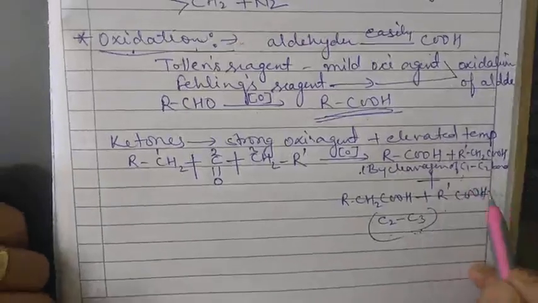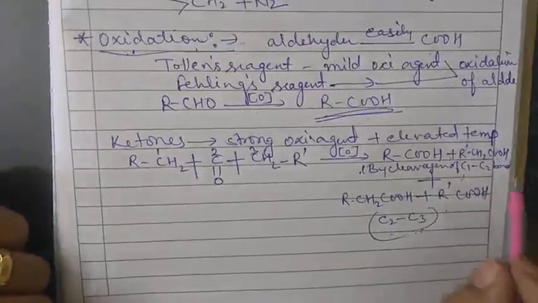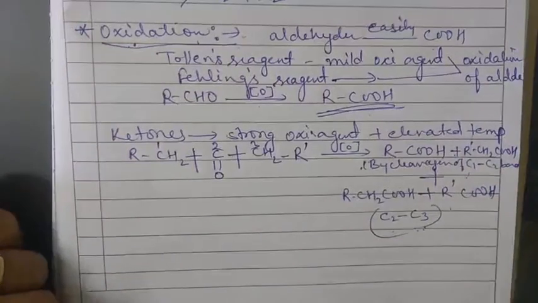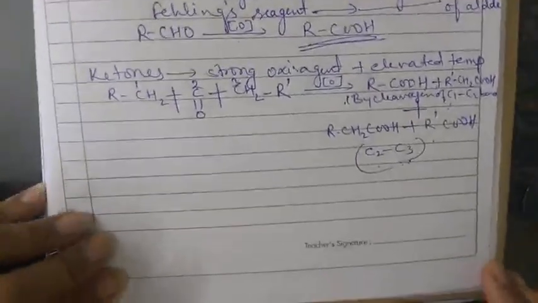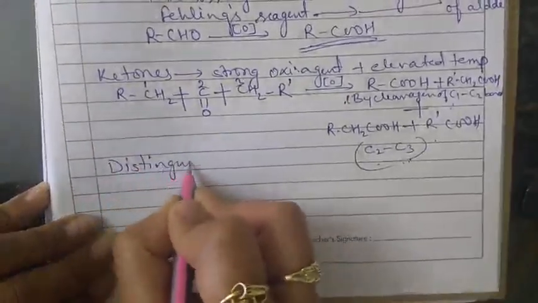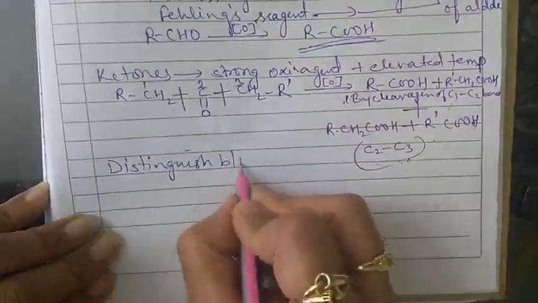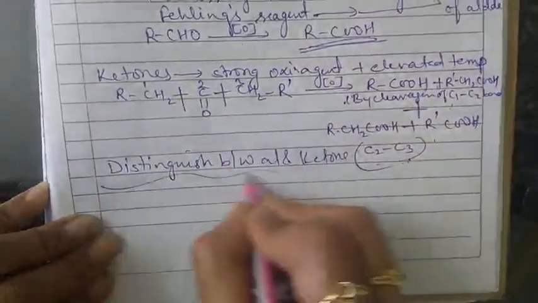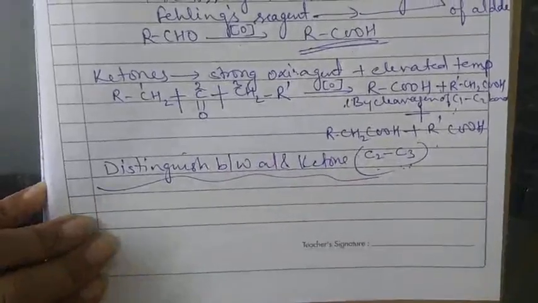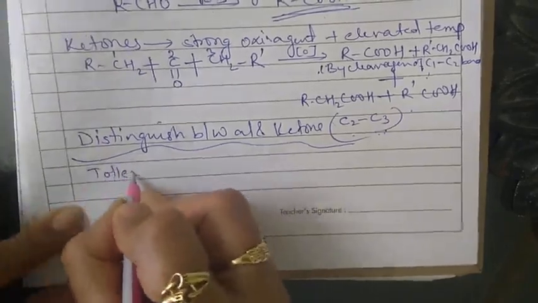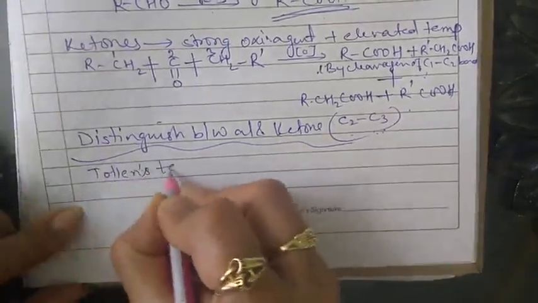So the mild oxidizing agents given below are used to distinguish aldehyde and ketone. How do you distinguish between aldehyde and ketone? The first one is the Tollens test.